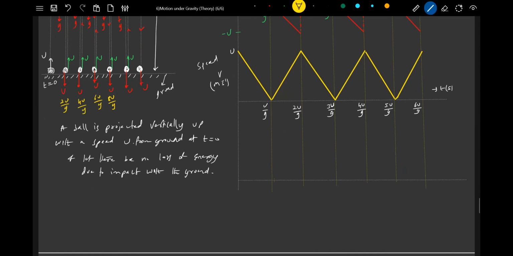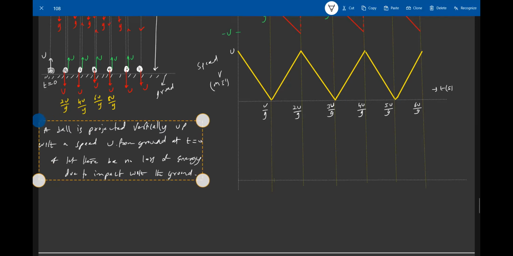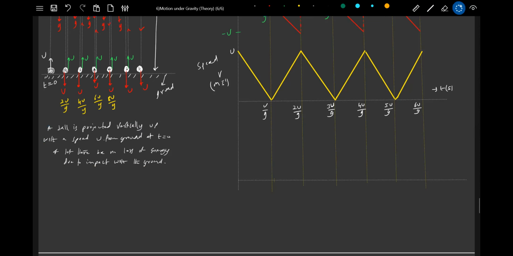Now, what about the position? The position versus time graph. Again, we have projected it with a speed u, so it will be like this. This is H max, and this is u by g, 2u by g.